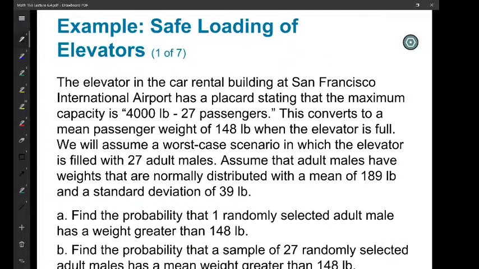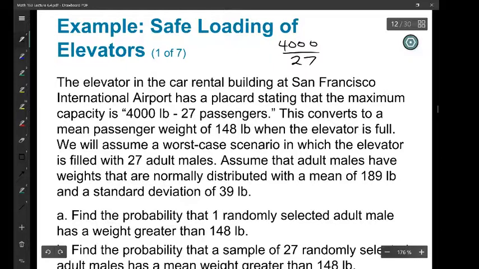So let's take a look at this application. The elevator in the car rental building at San Francisco International Airport has a sign stating that the maximum capacity is 4,000 pounds, 27 passengers. If you take 4,000 divided by 27, you get 148.